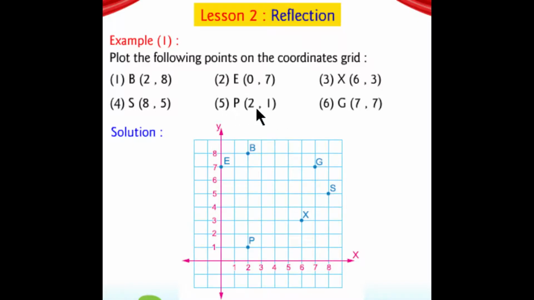The point B, (2, 1). 2 on x and 1 on y, the point B, (2, 1). 6. The point G, (7, 7). 7 on the x-axis and 7 on the y-axis, the point G, (7, 7).